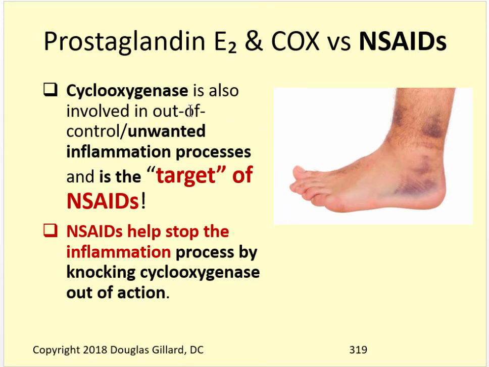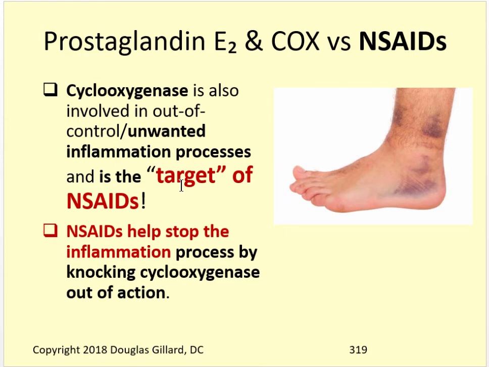Cyclooxygenase works too hard and it causes an inflammation. So you take NSAIDs to stop this, and in addition to doing therapy, you can do lymph massage and ice, low volt muscle stimulation, all sorts of stuff. But these NSAIDs attack COX-1, and so it'll help stop the inflammation.